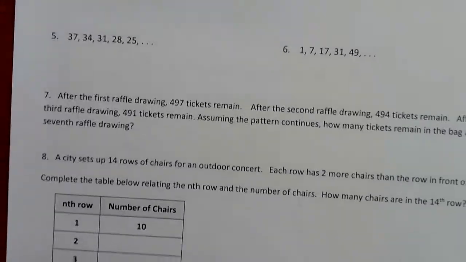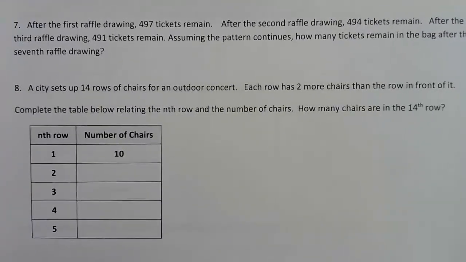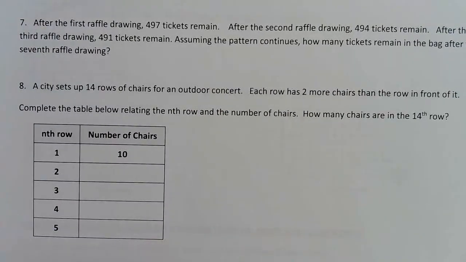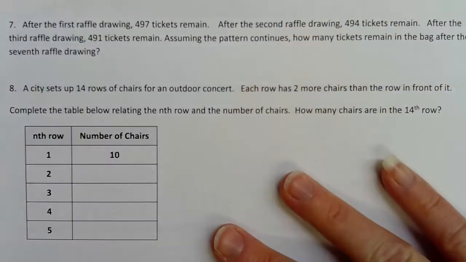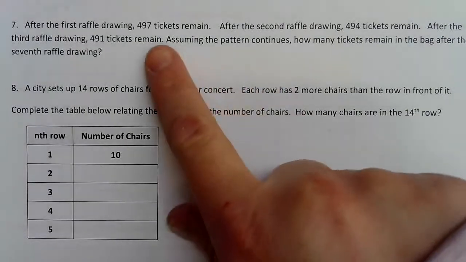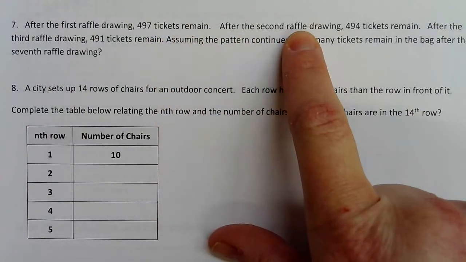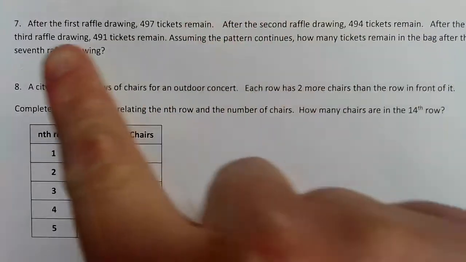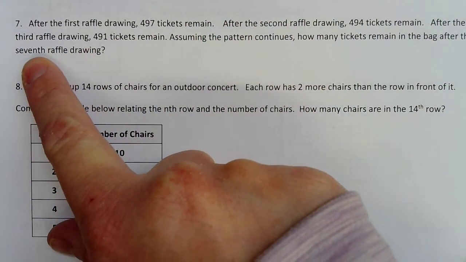For 7 and 8, the last two of these ones, it wouldn't be 7 and 8 on yours. I think it's like 13 and 14 or something like that. You just need to continue the pattern on. So like here, this is the first raffle, second raffle, third raffle. You just need to continue the pattern until you get to the 7th raffle.